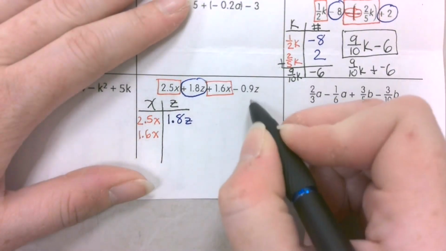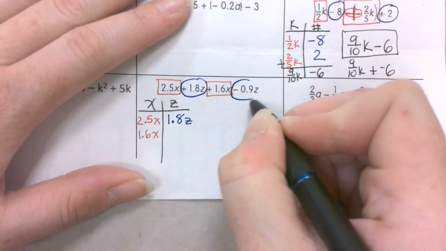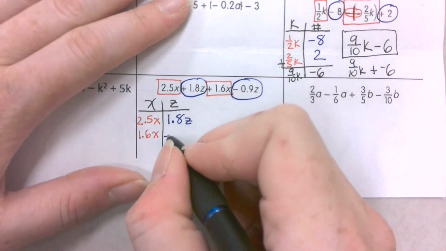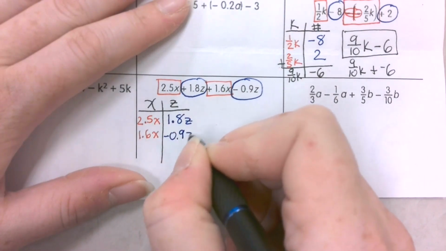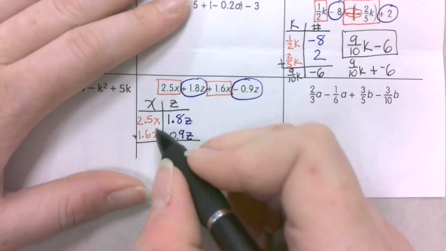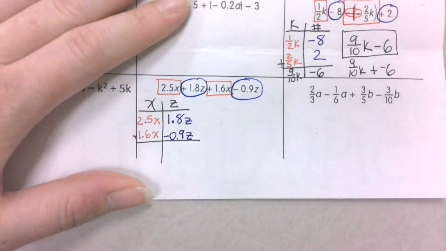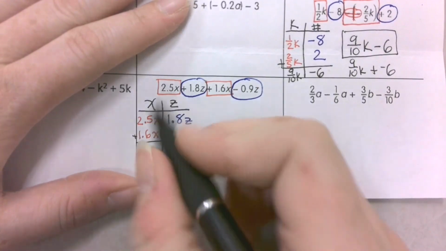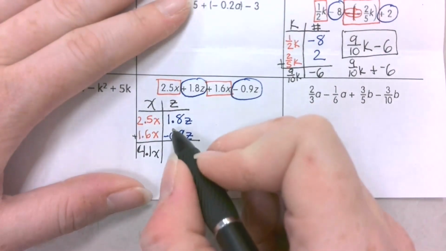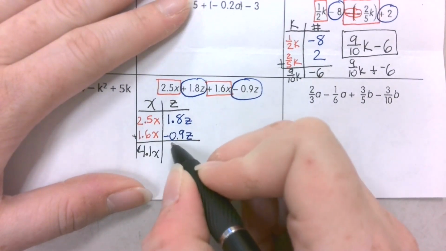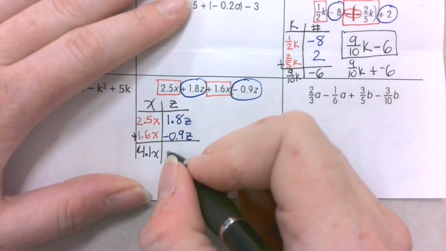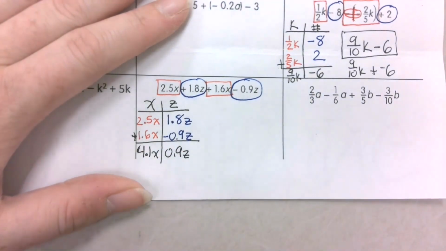This has a like term of negative. Notice I'm very careful not to cross over that sign so I can clearly see that this is a -0.9z. Now I need to add down, and I've got 2.5 plus 1.6 is 4.1x, and then I've got 1.8z plus a -0.9z is 0.9z.